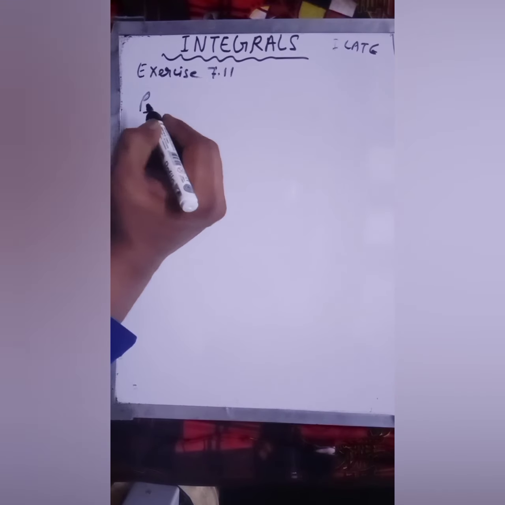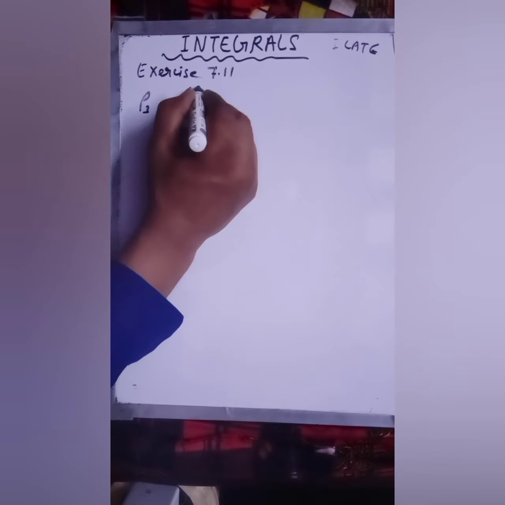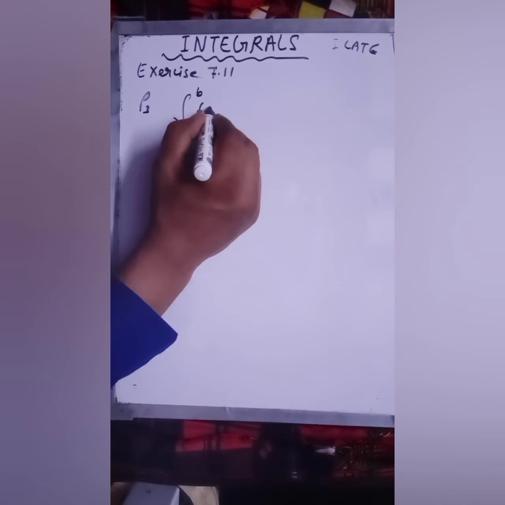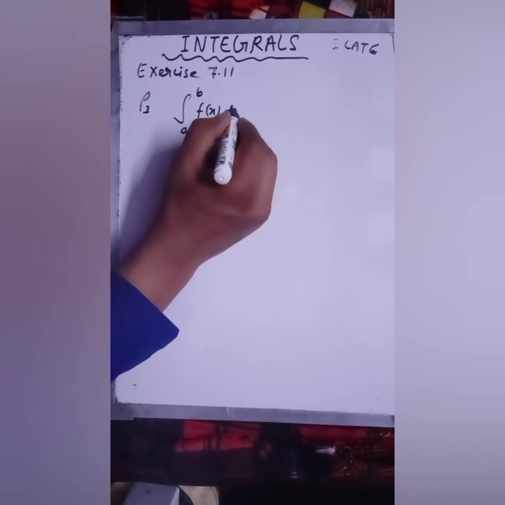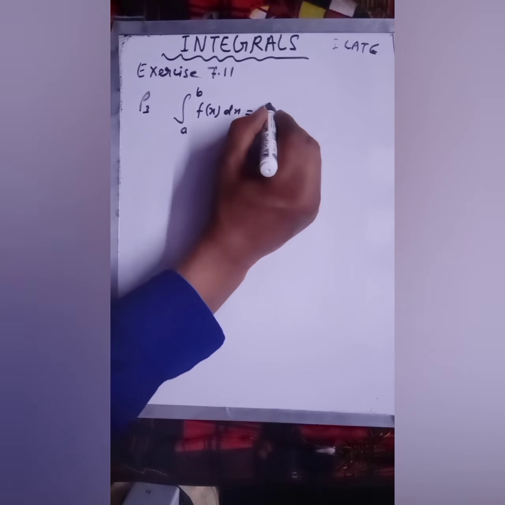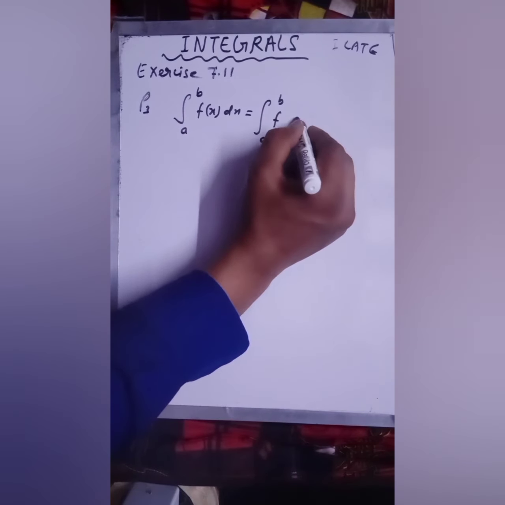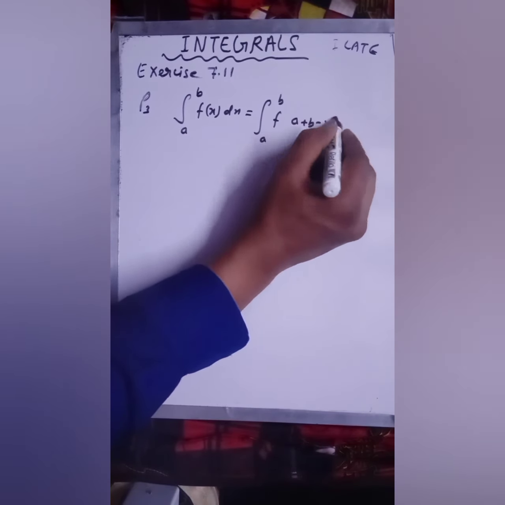As you can see in your NCERT, property number P3 is: if there is a limit a to b and there is a function f(x) dx, then you can write this function as f(a+b-x).